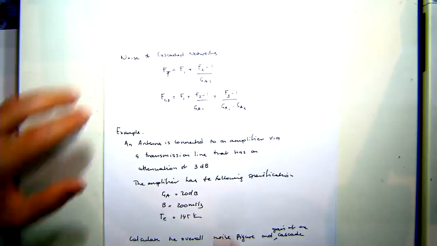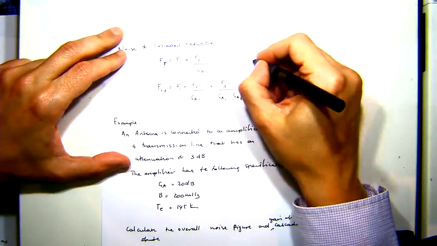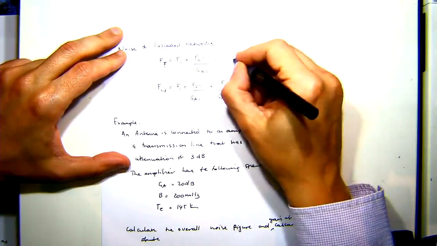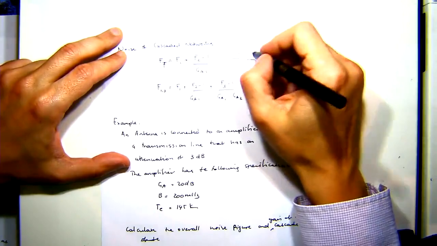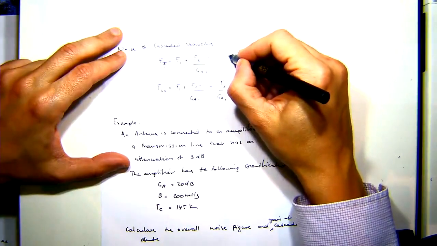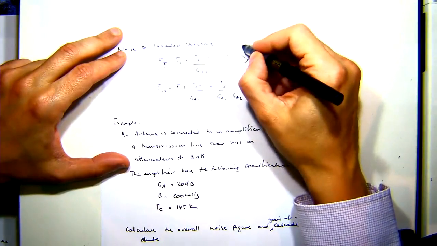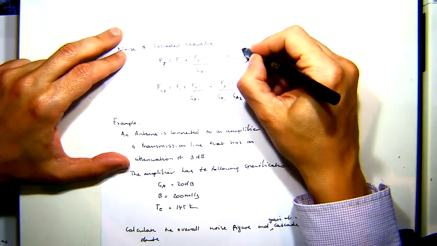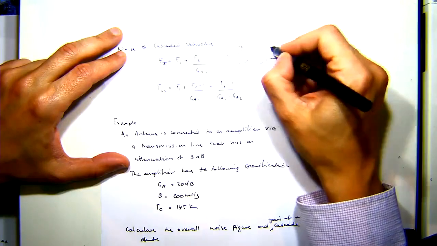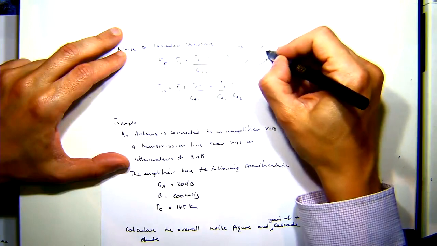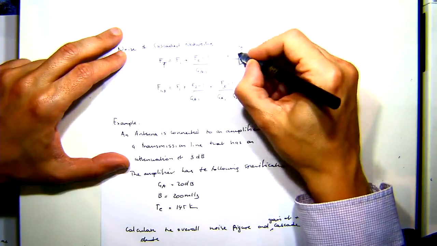So if you had the following situation, and we said we've got some kind of noise here, and this is an amplifier that's got gain A1, noise figure F1, this has got gain A2, noise figure F2.